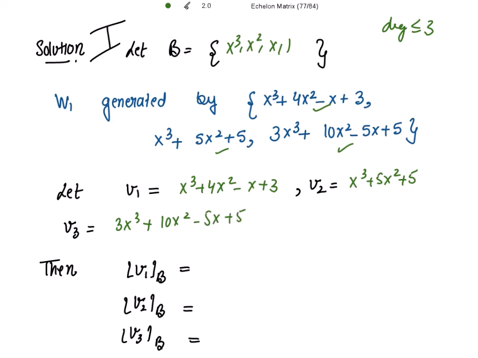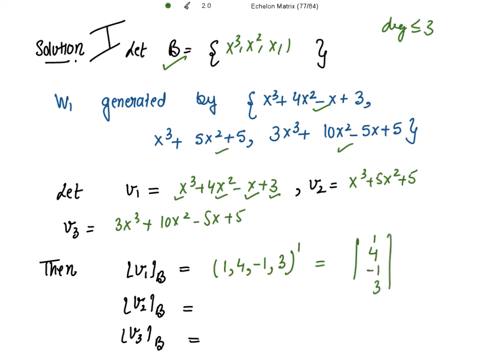Let's write down the coordinate vector of V1 relative to the basis B. The coordinate of x cube is 1, the coordinate of x square is 4, the coordinate of x is -1, and the constant is 3, represented as a column matrix 1, 4, -1, 3.